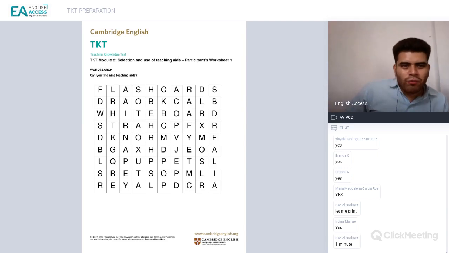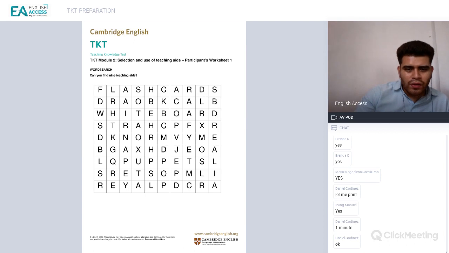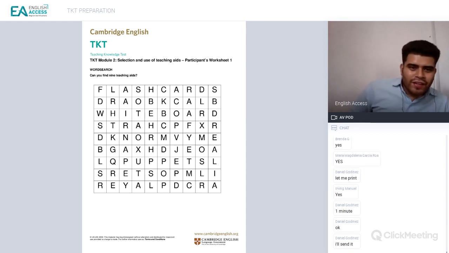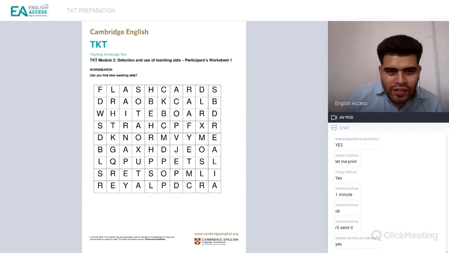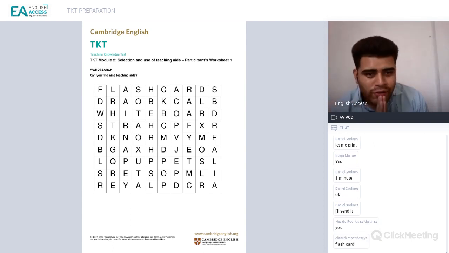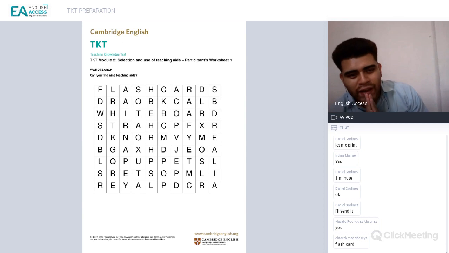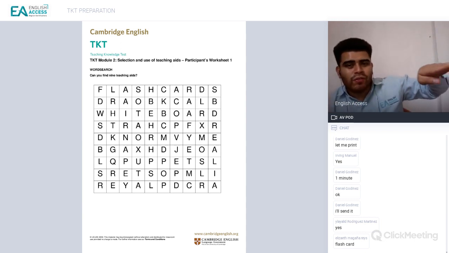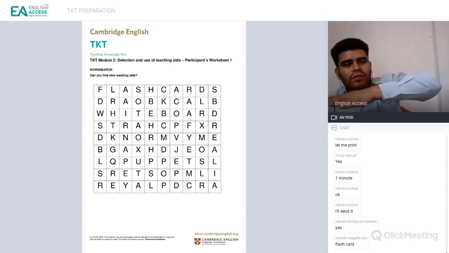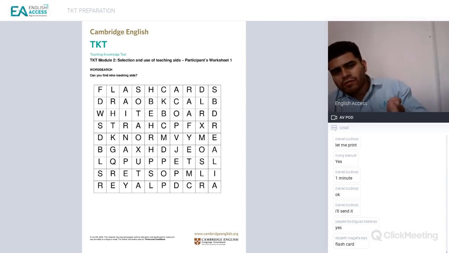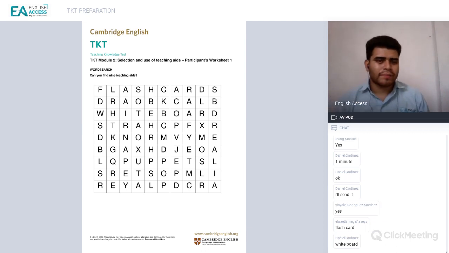It's just a word search, so you can keep up with us. So you're going to tell me which ones we find. You're going to say whether it's horizontal, vertical, or diagonal.